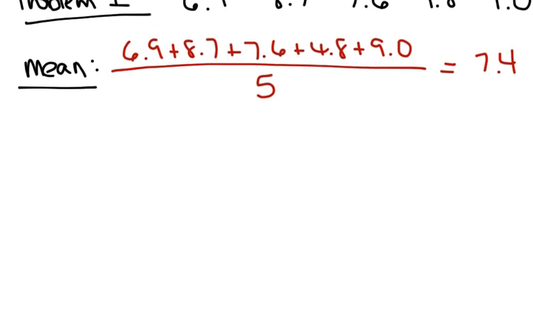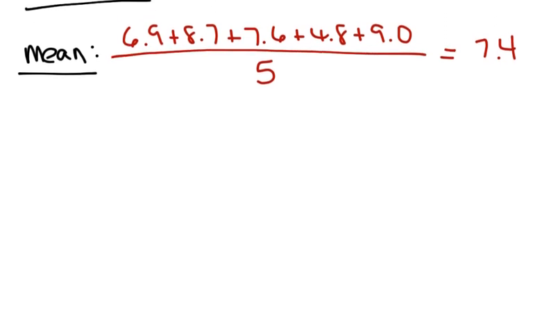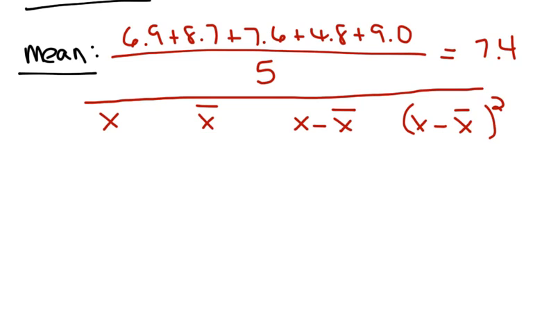Now I'm going to make myself a little table. The little table that I'm going to make is going to be x, x bar, x minus x bar, and x minus x bar squared. And the reason I'm going to make this little table is because it's going to help organize my data.